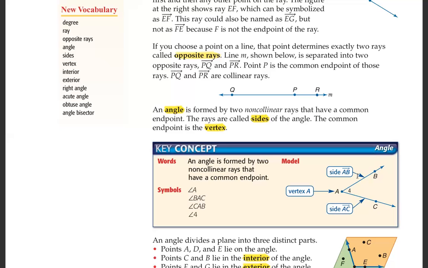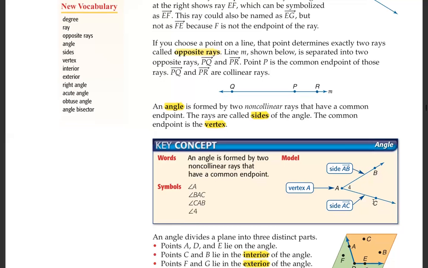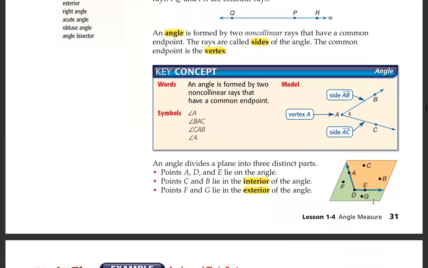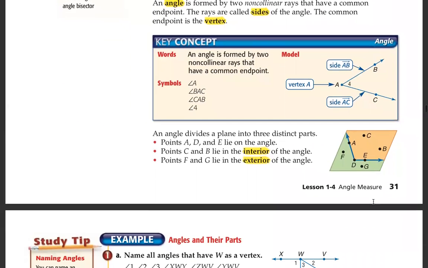This side is ray AB. And the vertex is a point, and when you name a vertex, you name it like how you name a point. So vertex A, capital A. You see there's a consistency from our first lesson in geometry: when you name a point, always use a capital letter. Not just in geometry, that's also the lesson that you have in algebra 1.